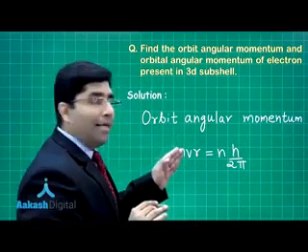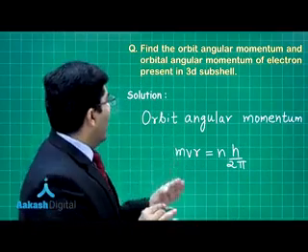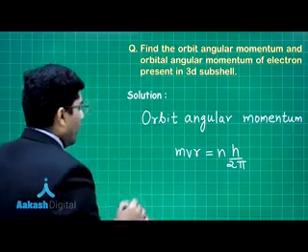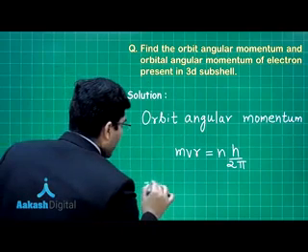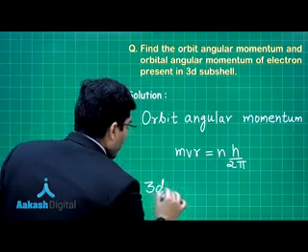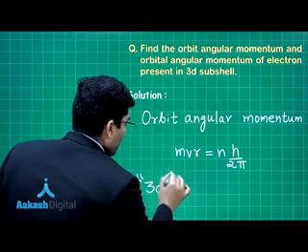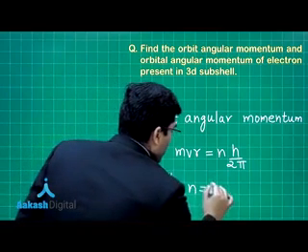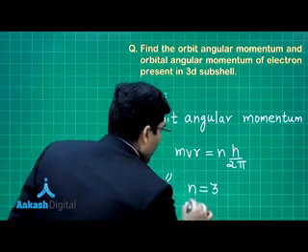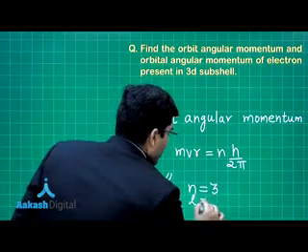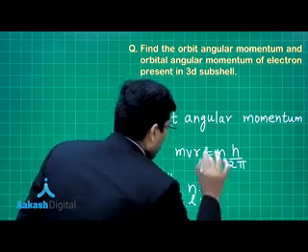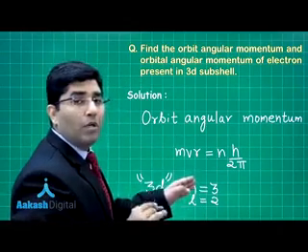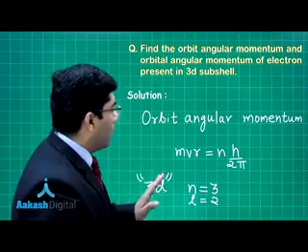Now n is the principal quantum number and we are talking about 3d. So for 3d, n is equal to 3 and l is equal to 2. n is the principal quantum number and l is azimuthal quantum number, but we need principal quantum number here.